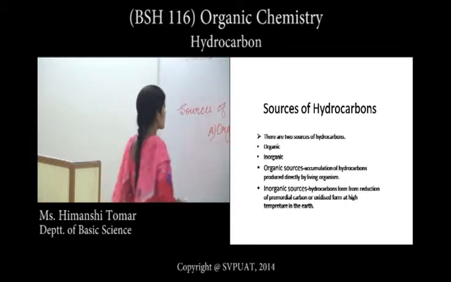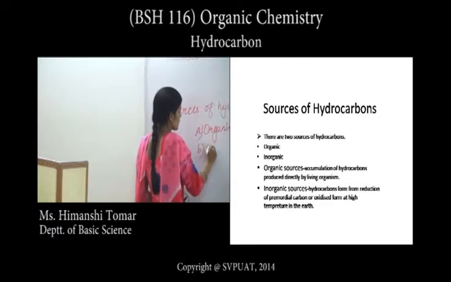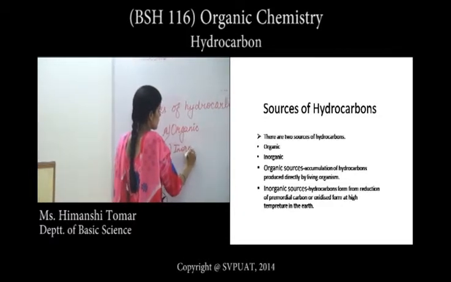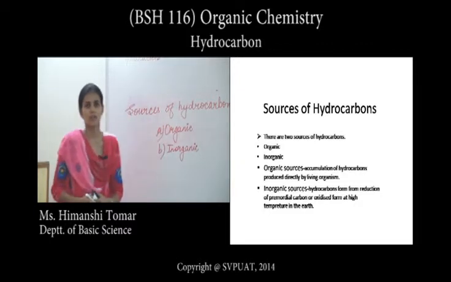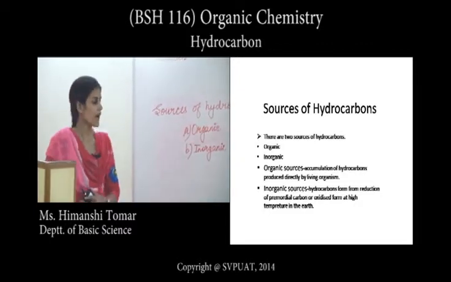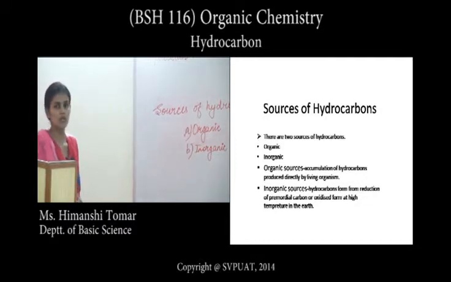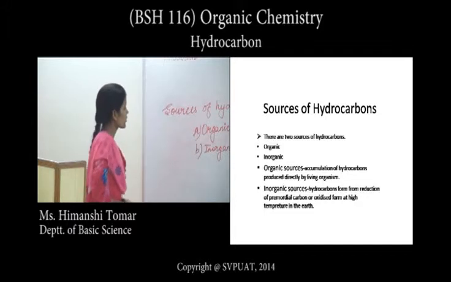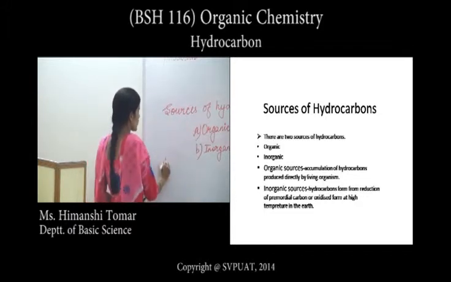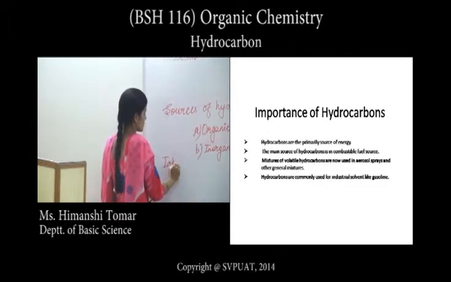The other source is inorganic. The reactions of carbon and its derivatives give us hydrocarbons, with carbon and hydrogen compounds, and these are known as inorganic sources of hydrocarbons. Then we find the importance of hydrocarbons.